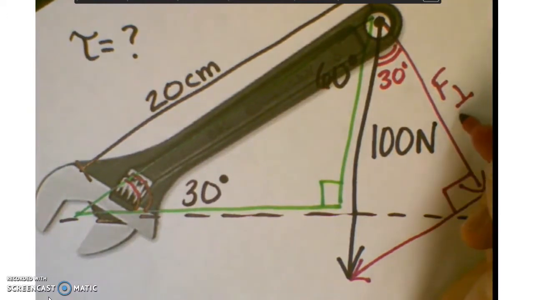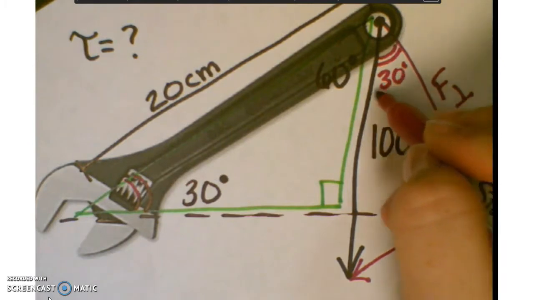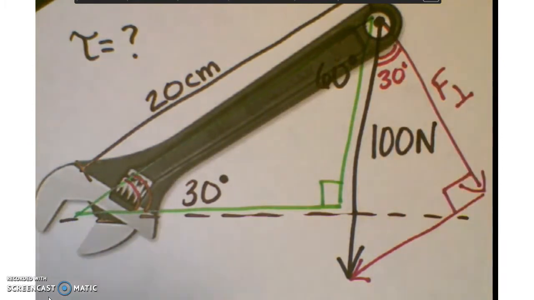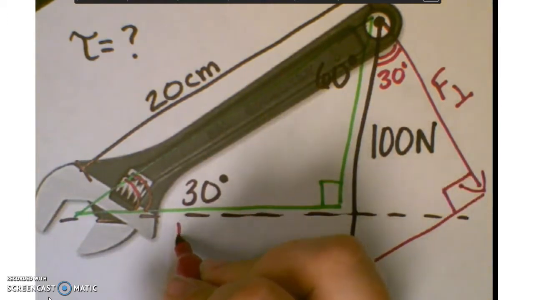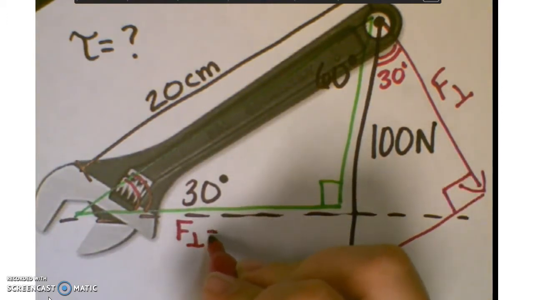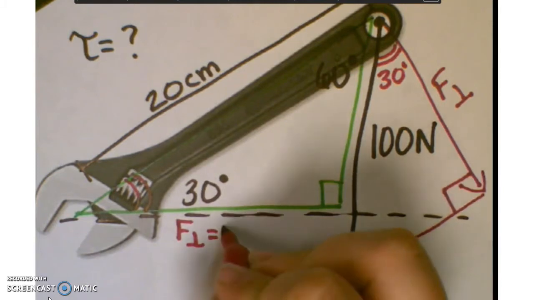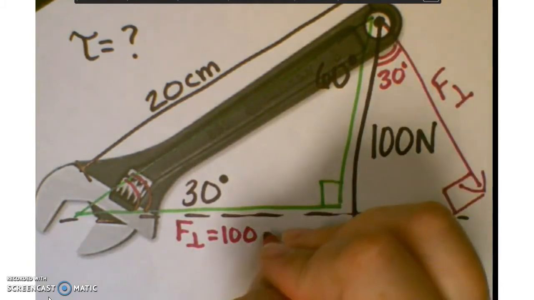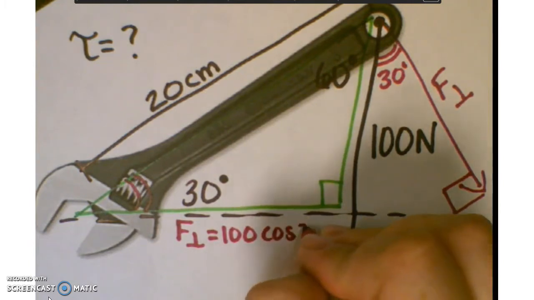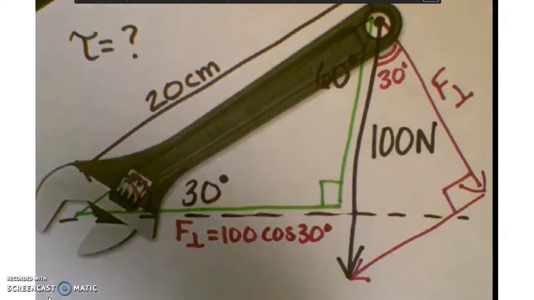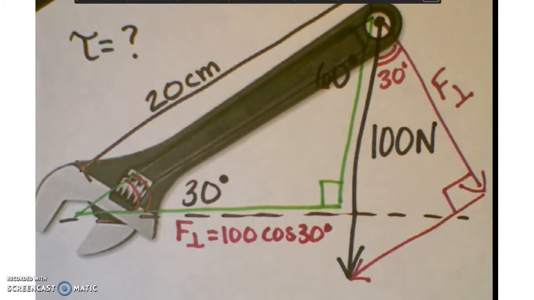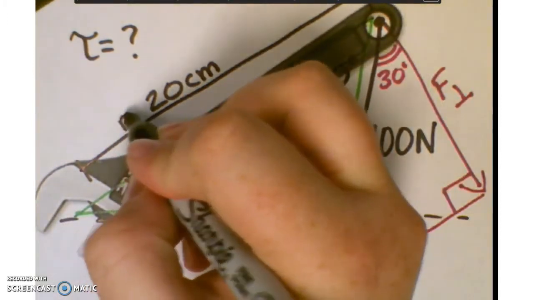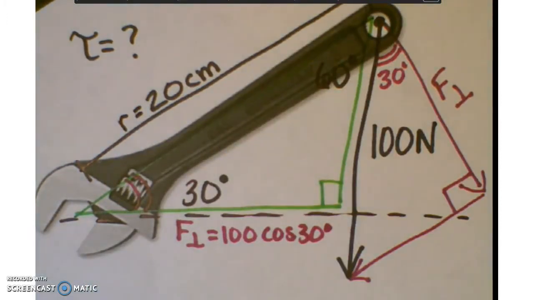Our perpendicular component here is adjacent to 30 degrees, so I'm going to use cosine to find it. F perpendicular equals my hypotenuse, which is 100 newtons, times the cosine of 30 degrees. And my radius is equal to 20 centimeters.